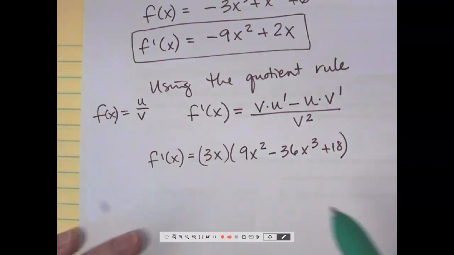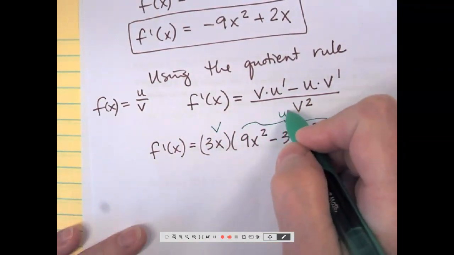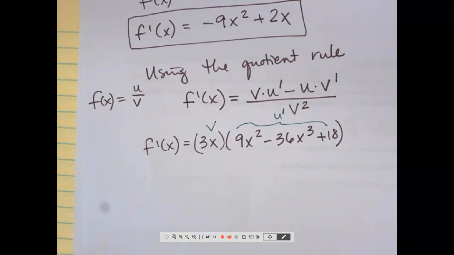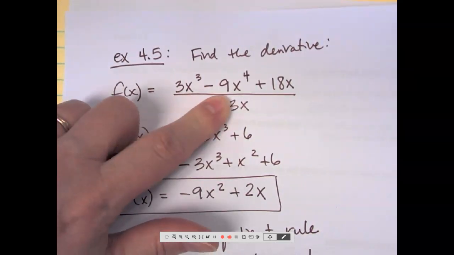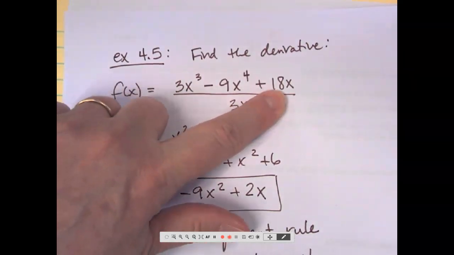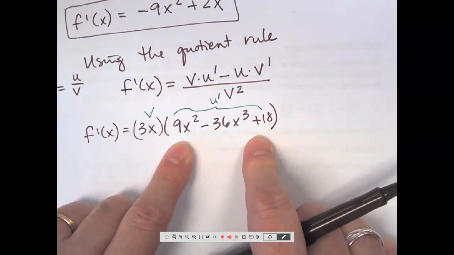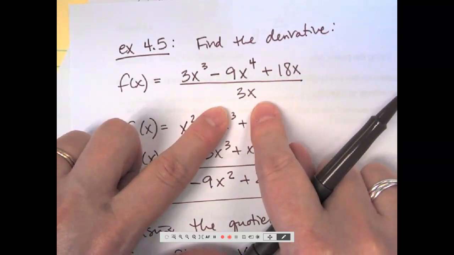Wait, so this is low, u prime is d high. Derivative of the top would be 9x squared minus 36x cubed plus 18. Okay, so all of that is what I'm calling u prime. What's the v and what's the u again? v is on the bottom, u is on top.